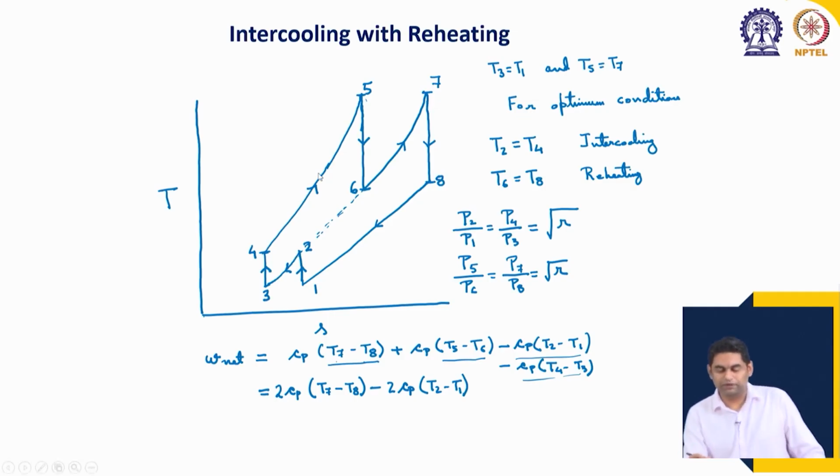The combustion process needs higher heat addition. Okay. So, by combining these two factors we need significantly high heat addition to the cycle. So, the efficiency is affected negatively, but the work output increases. Okay.